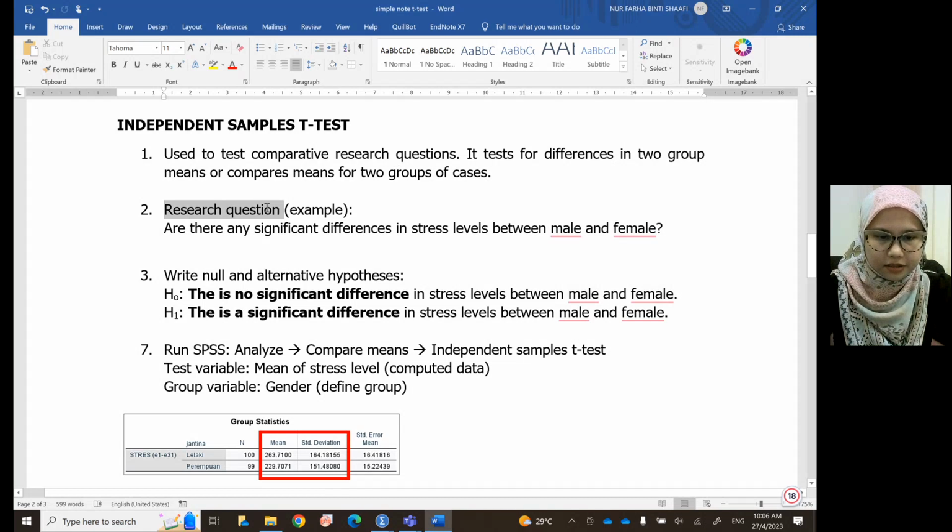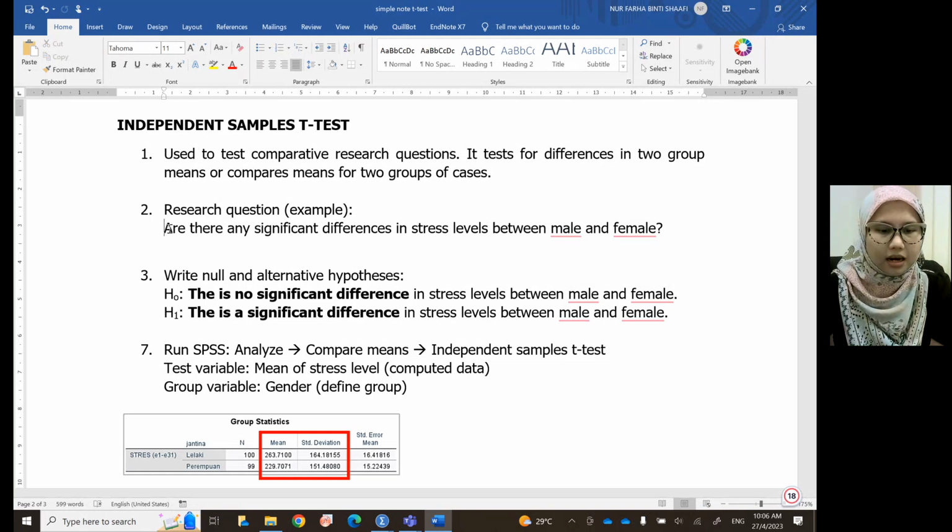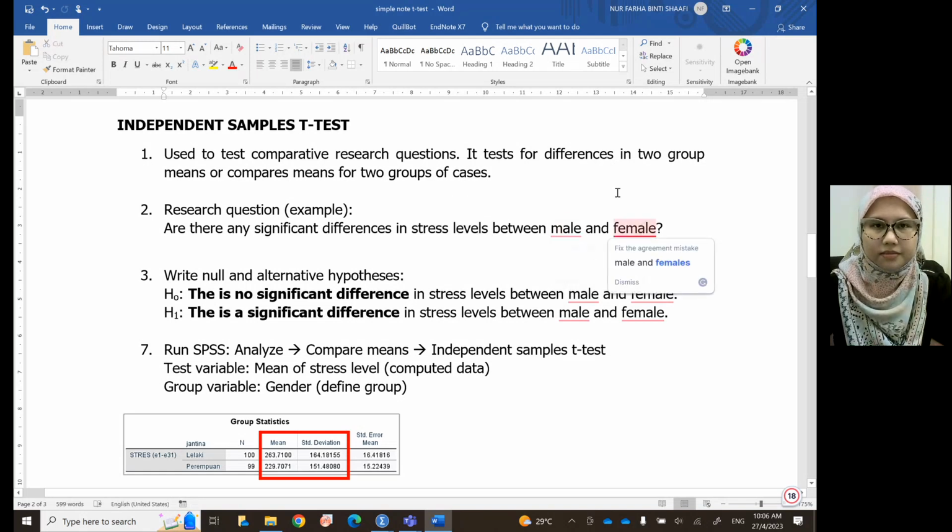For example, you have a research question here. In your study, one of your research questions states: are there any significant differences in stress level between male and female?